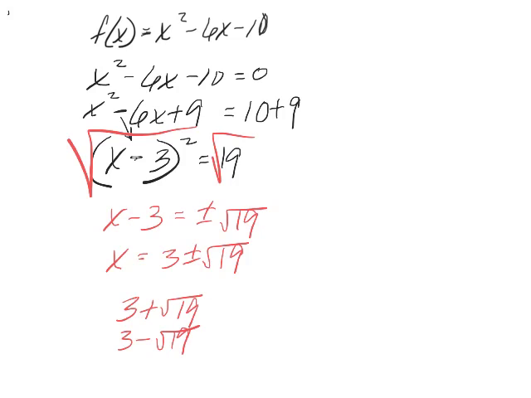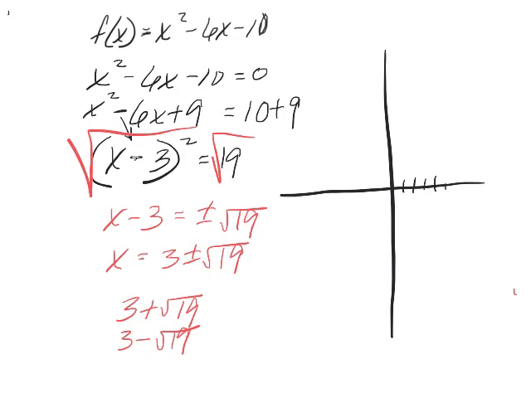Okay, little bit more difficult to graph something like that. So when you are graphing it, you've got 3 plus the square root of 19. Well, I know that the square root of 19 is going to be somewhere between 4 and 5. So let's just take 4 plus 3 is 7. So it's going to cross somewhere a little bigger than 7.